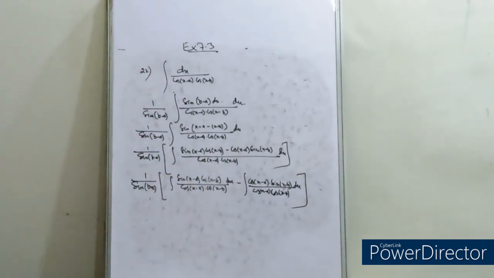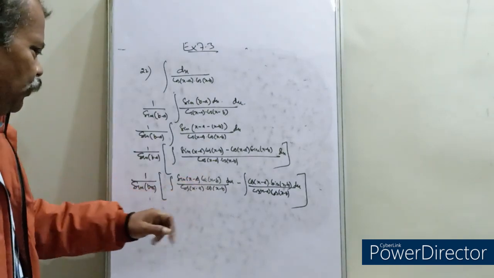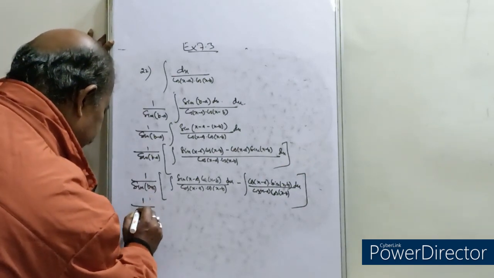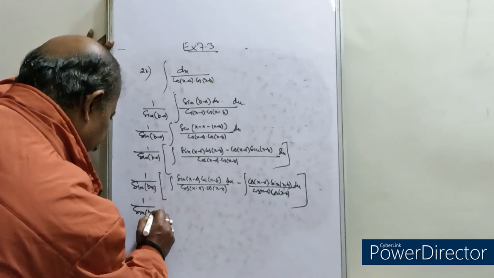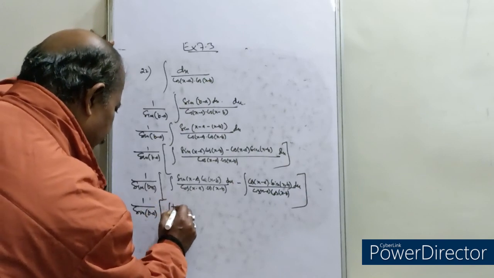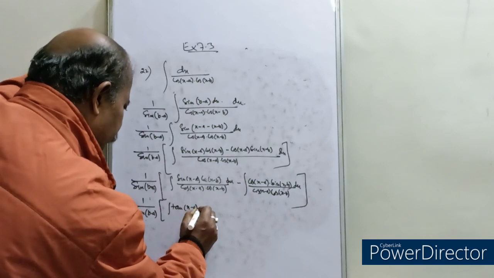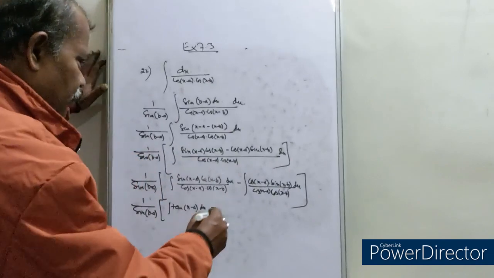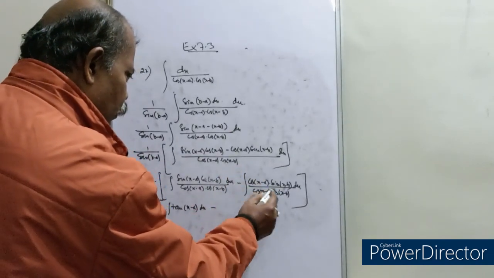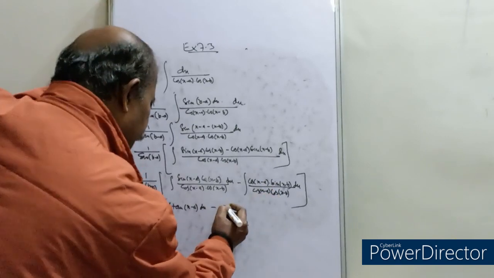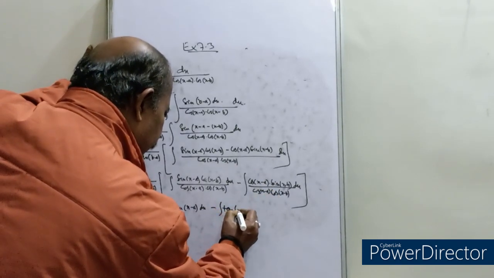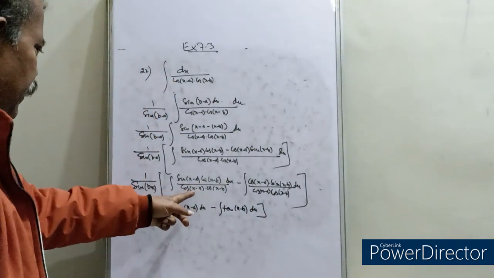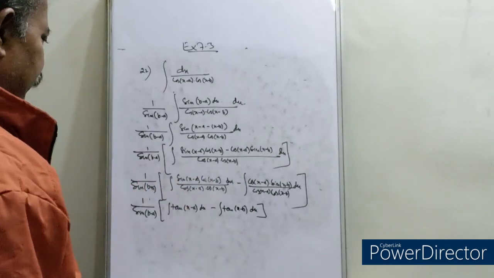Now here you see these cancel out, this becomes tan(x minus a). So 1 by sine(b minus a), this is tan(x minus a) dx, and this cos cancels out, this becomes integration tan(x minus b) dx.